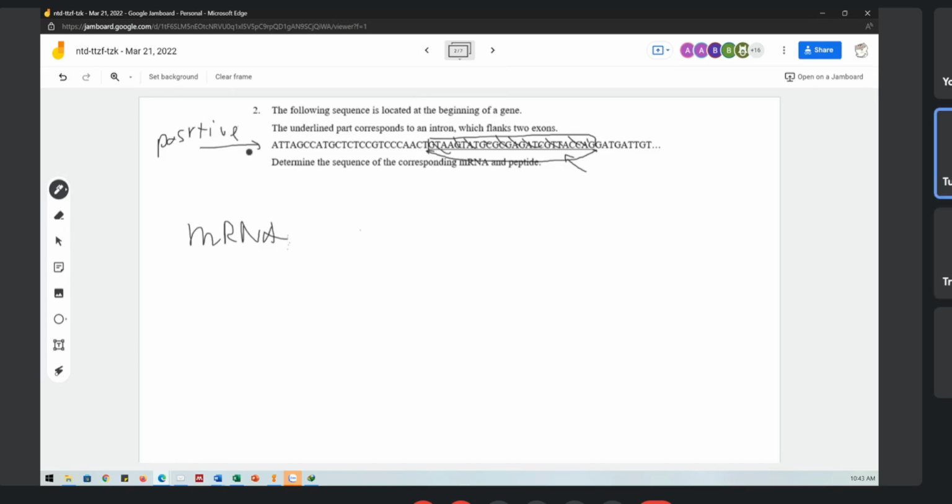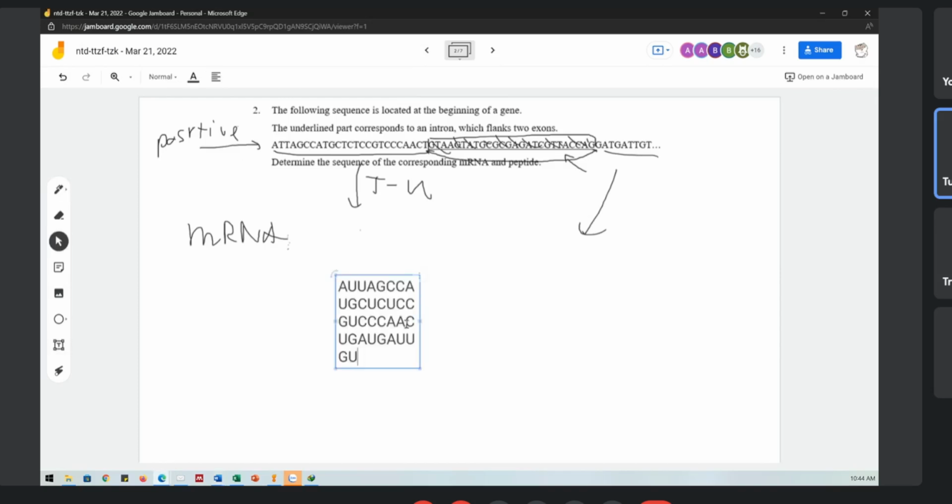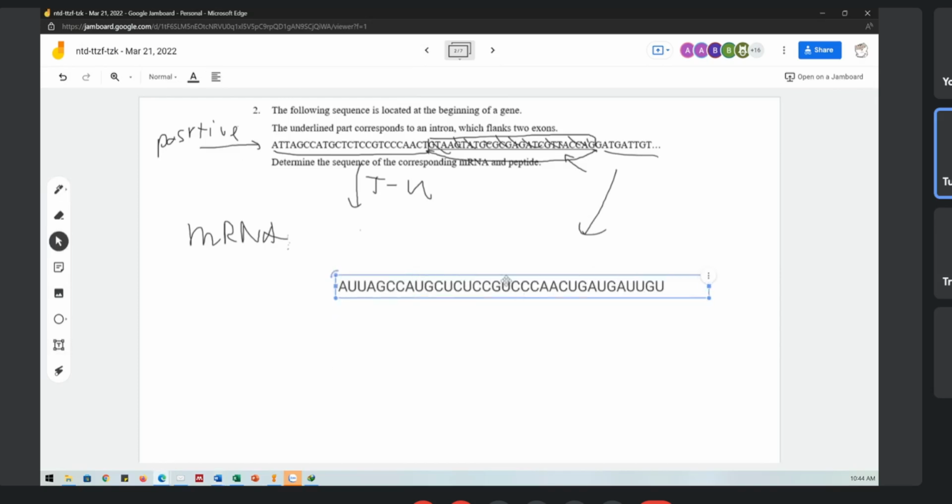Yes, when you have the positive strand, that means that from the RNA you don't have to do anything. You just paste the whole thing here and replace the T with the U. Okay, understood? So that's why your sequence of mRNA here will be this.